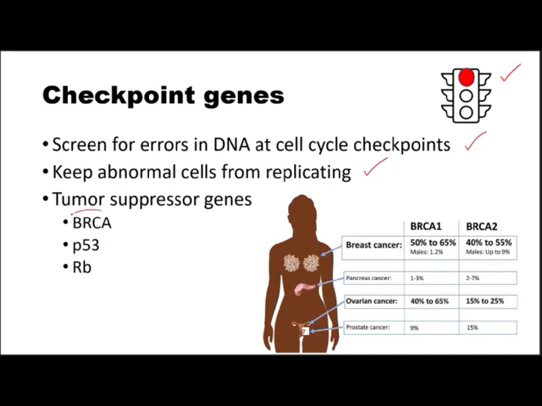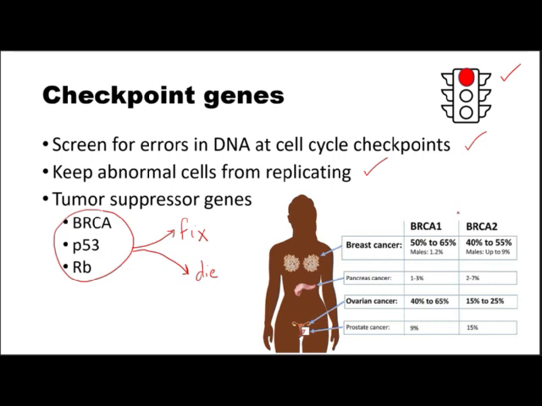And so there are a variety of these genes that make proteins that look for errors in DNA and say, stop, you need to fix this or you can't go on. And they kind of counteract some of those proto-oncogenes, the ones that say go, go, go. They say wait, wait, wait. And they either make the cell fix the problem or they make the cell die if the problem can't be fixed by that process called apoptosis.